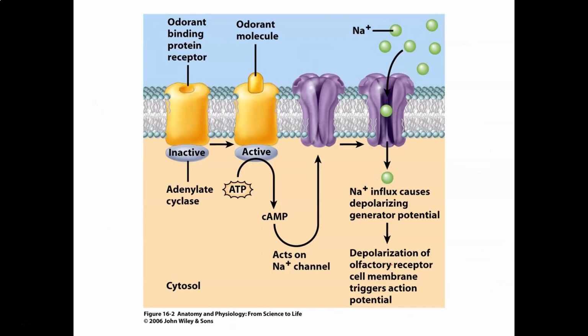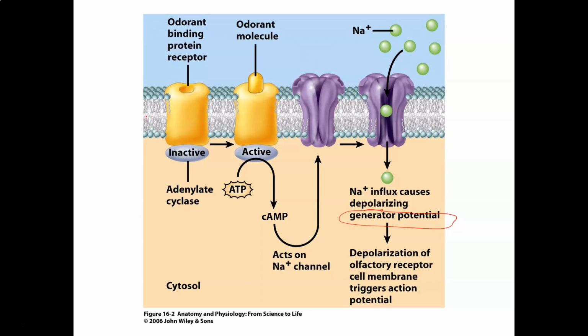This picture shows you what's going on in the sensory neuron membrane to trigger the generator potentials, the graded potentials in the sensory neuron. So this would be in the dendrite, and this is a chemoreceptor.